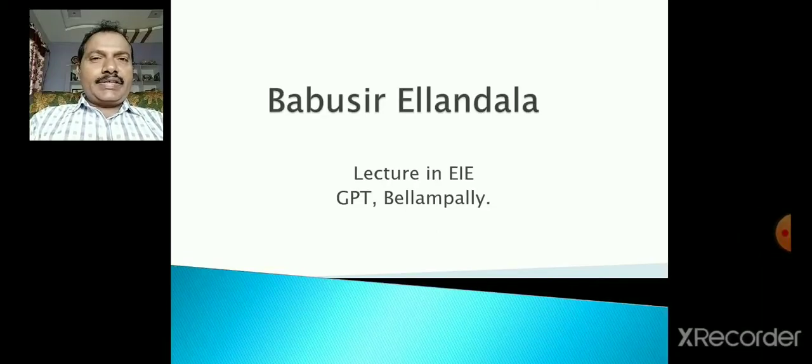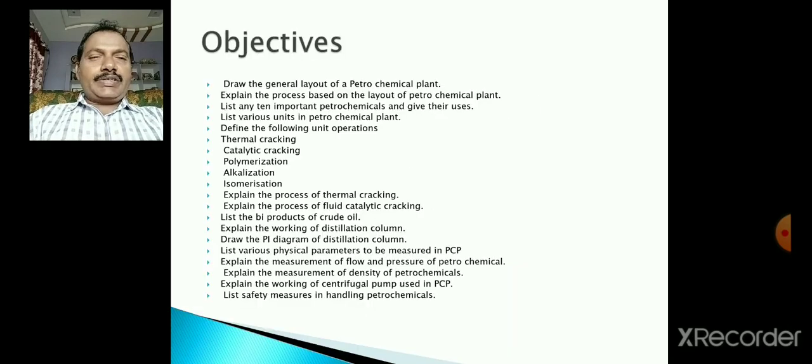So we are discussing the working of a petrochemical plant, and in this we have discussed the layout of the petrochemical plant and the process based on the layout.